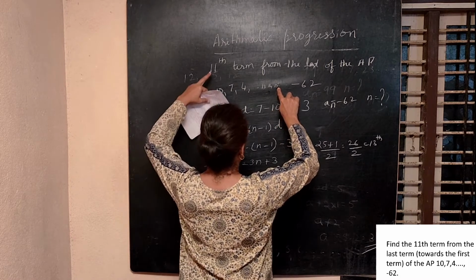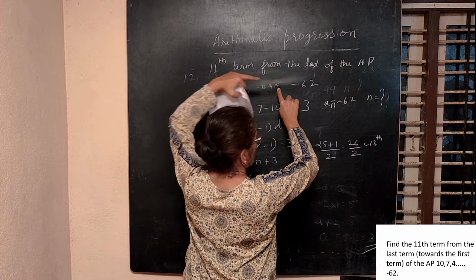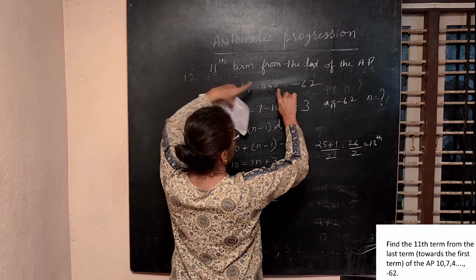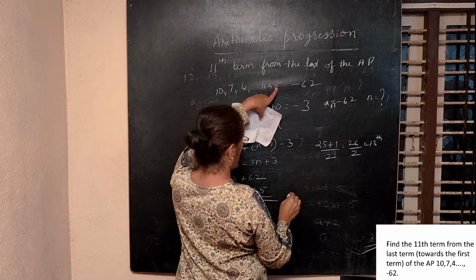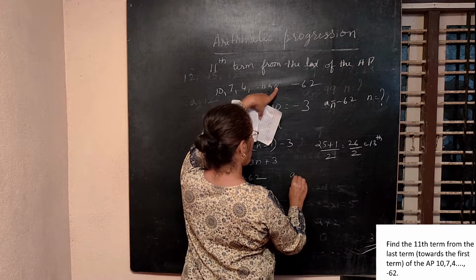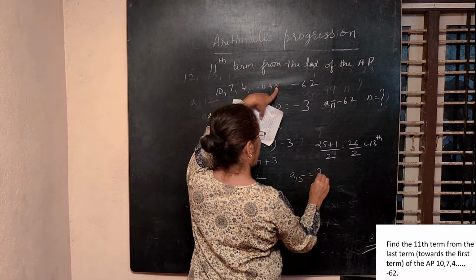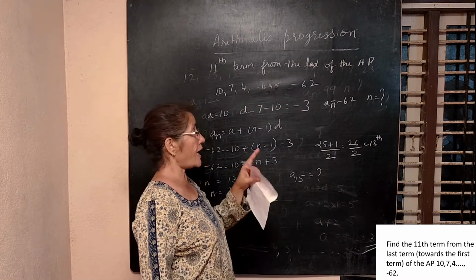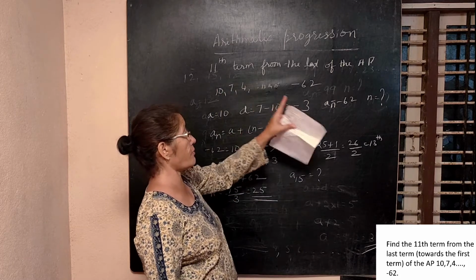They have asked, what is the 11th term from the last? So, the 11th term from the last is the 15th term from the first. So, it is enough if I find out what is A15. This is one of the ways to find out which is the 11th term from the last.